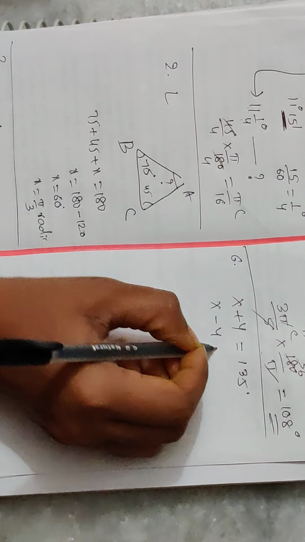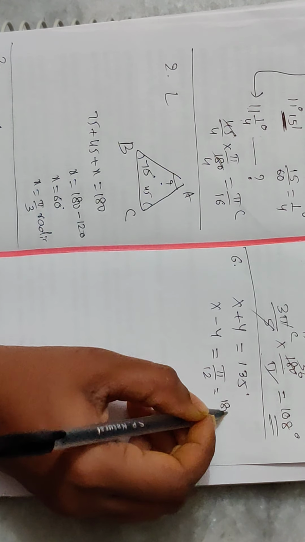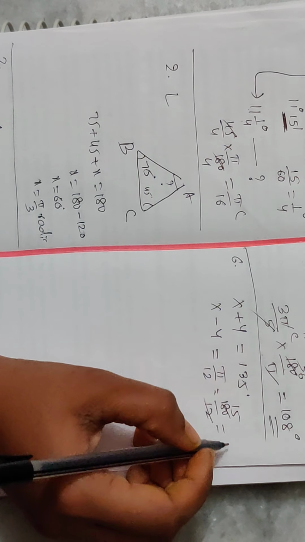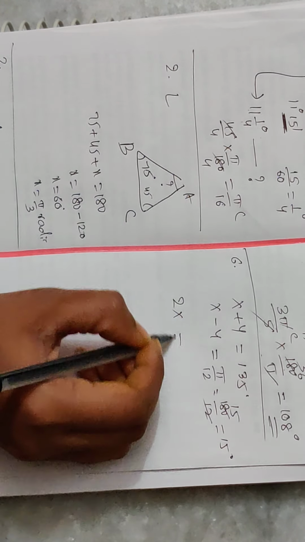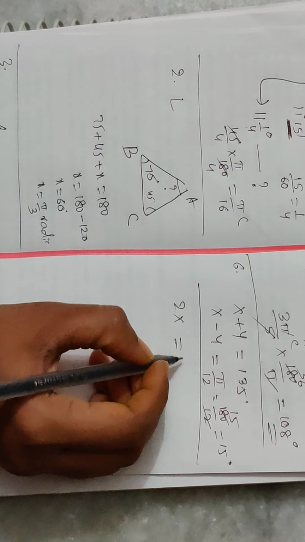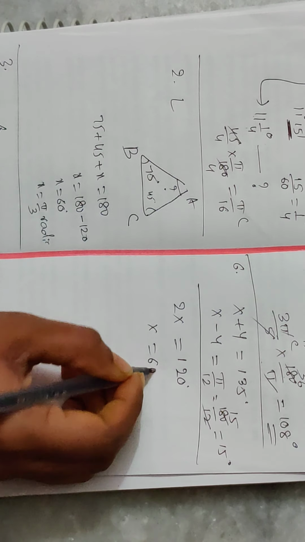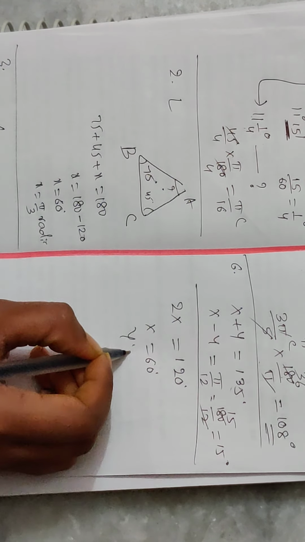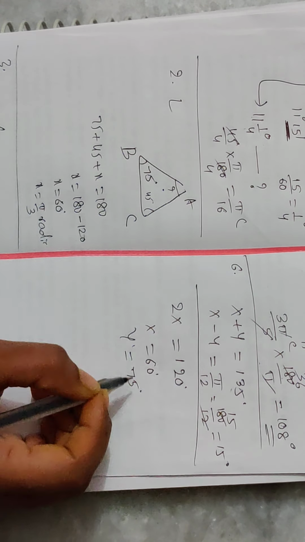X minus y is pi by 12, which means 180 by 12. 12 ones are 12, 12 5s are 60, 15 degrees. So solving, we get 2x is equal to 120 degrees. X is 60 degrees. Then substituting here, we get y is 75 degrees.